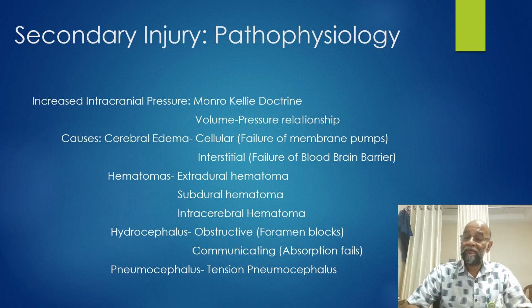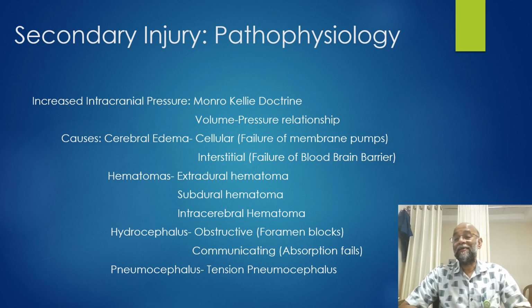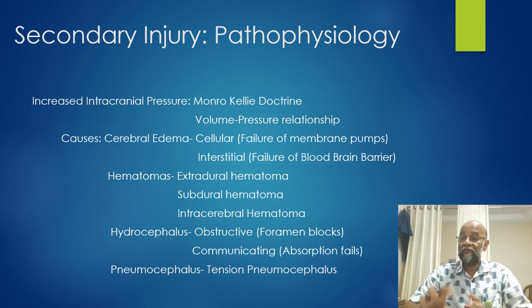How does that affect the brain? One is that the cerebral perfusion gets affected. Mean arterial pressure, that is diastolic into 2 plus systolic, the whole divided by 3, minus intracranial pressure, is cerebral perfusion pressure. So when intracranial pressure increases, cerebral perfusion gets impaired. It's a little more complex than that. We'll come to that later.